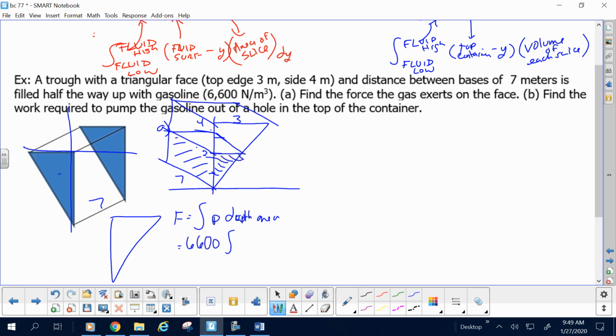So the height's 4 in this? The height of the slices? So we're 3 forces. Pi. 3. Oh, there's pi. There's no pi.